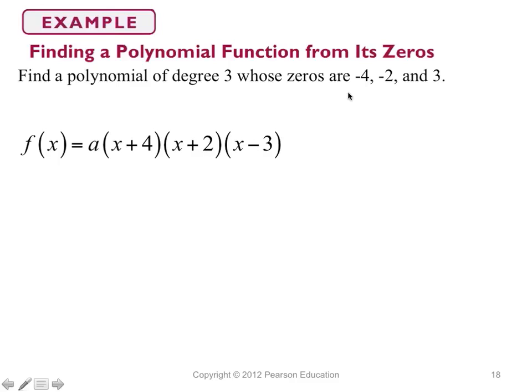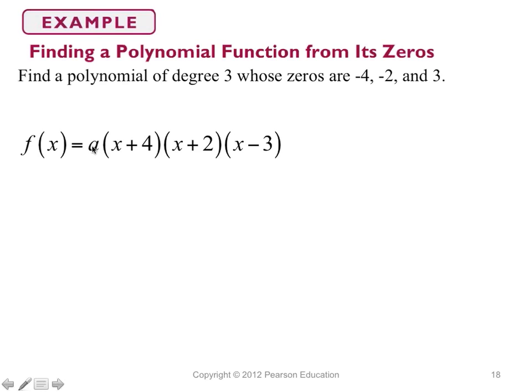If we plug -2 in for x, we get a 0 here, and 0 times anything just becomes 0 on this entire side. And if we have +3 as a 0, that means x minus 3 is a factor. If we plug a 3 in, 3 minus 3 gives you 0, which again knocks out this entire side.